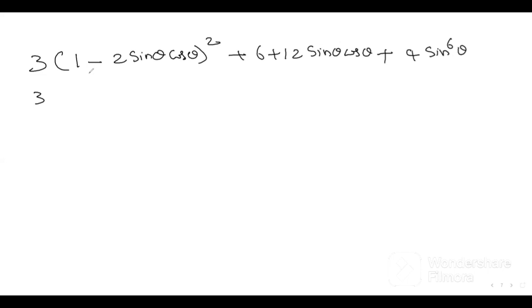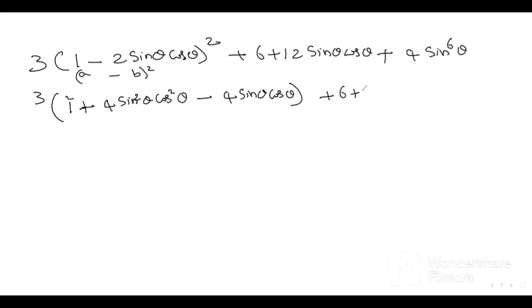Here for 3 times, we write the (a minus b) whole square formula: a square plus b square, 4 sin square theta cos square theta, a square plus b square minus 2ab, minus 2 into 1 into 2 sin theta cos theta, which is 4 sin theta cos theta. Plus 6 plus 12 sin theta cos theta, plus 4 sin to the power 6 theta.